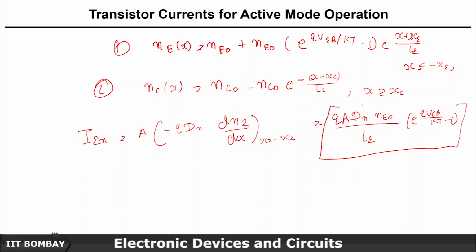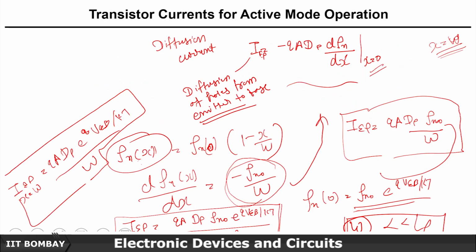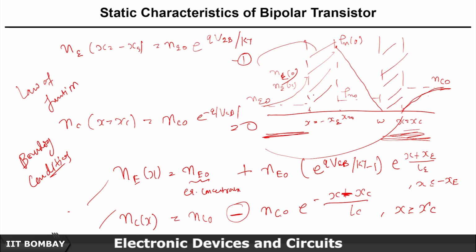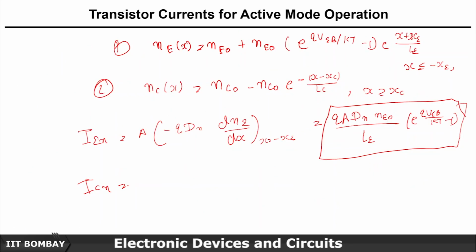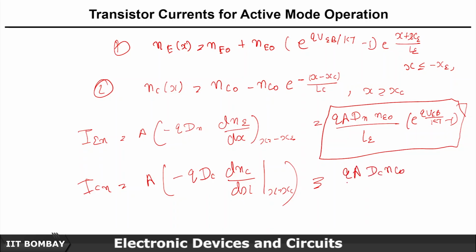This is the current because of the electrons moving from N to P side. Similarly, the derivative of NC with respect to x at x equal to XC gives QADC NC0 by LC.